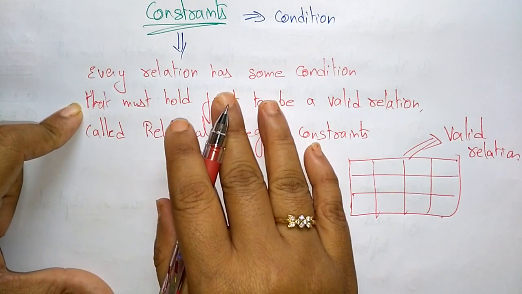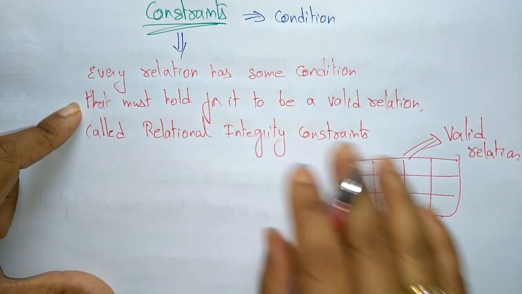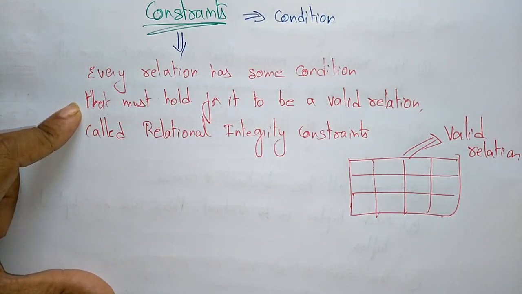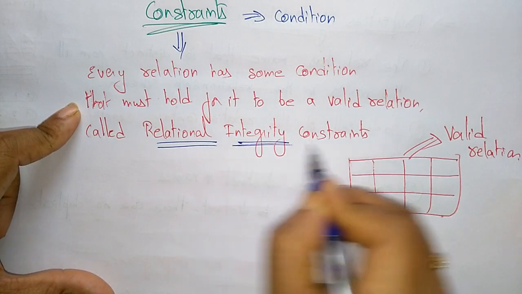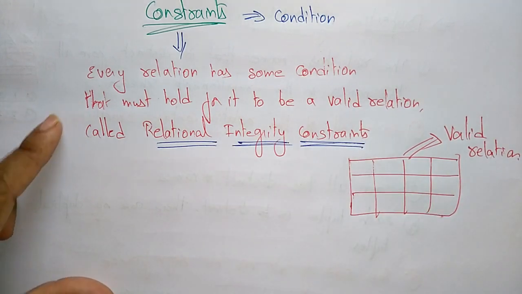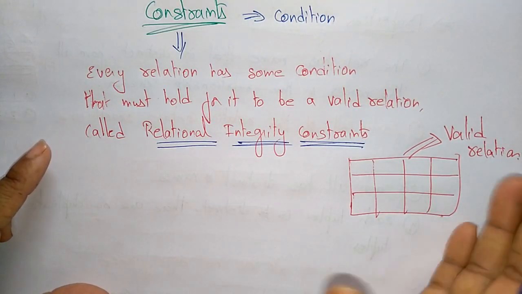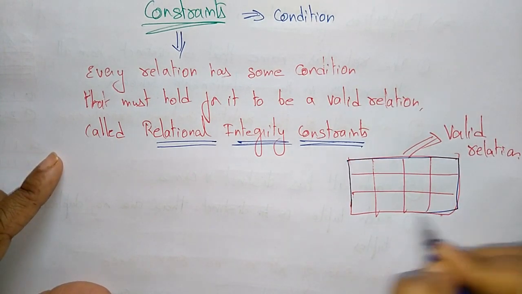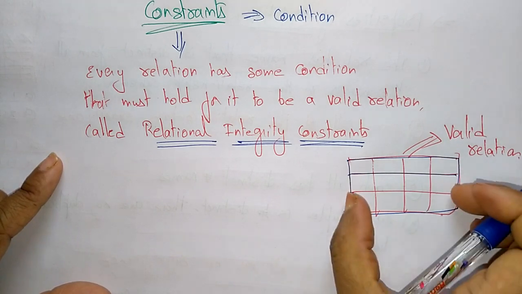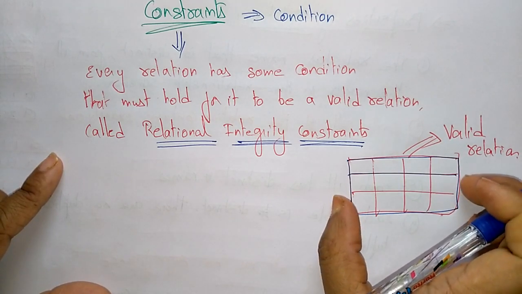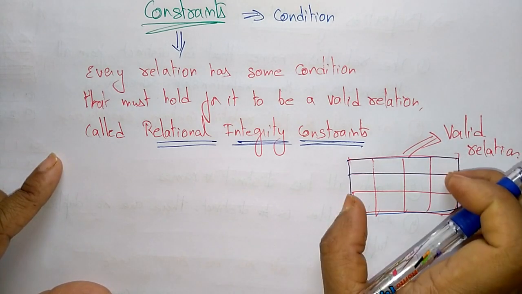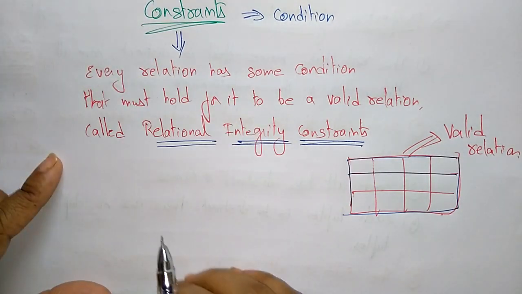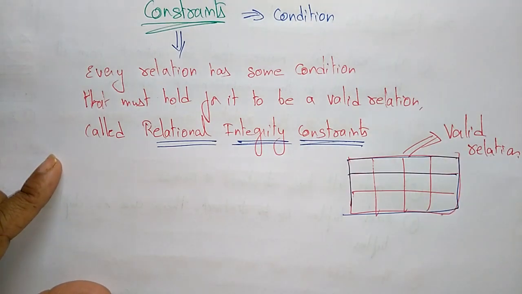If those conditions are satisfied, then you can say it is a valid table. That concept you call a relational integrity constraint. It's just checking a condition, whether this table is valid or not. Whatever relation we are using in the database, whether it is valid or not is identified by this relational integrity constraint.